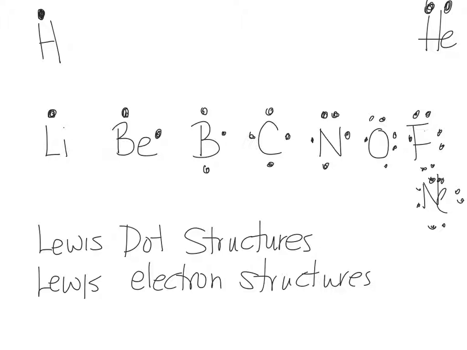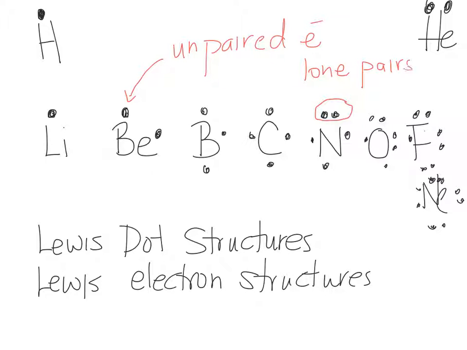Okay, so now these electrons that are singles are called unpaired electrons. Where they're doubled up, these are lone pairs of electrons.